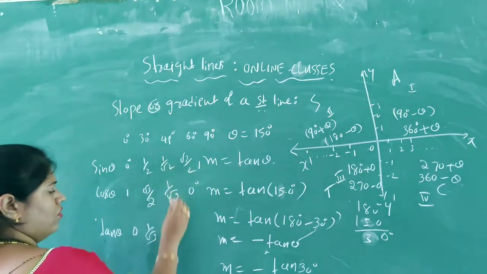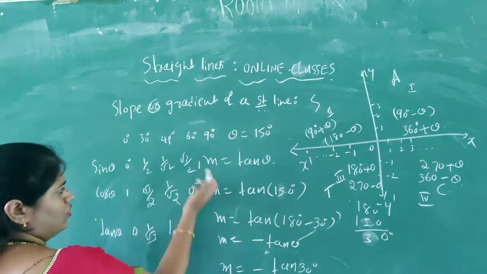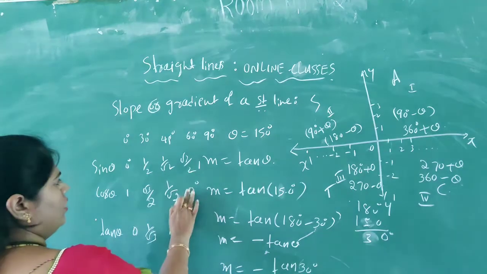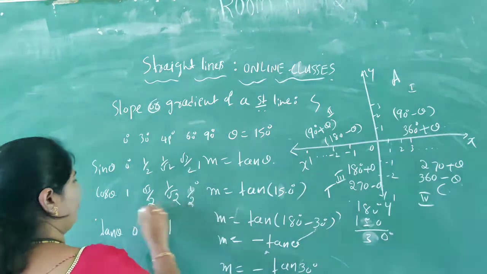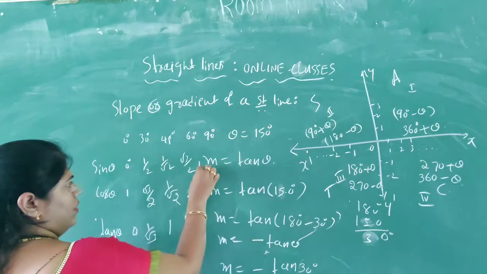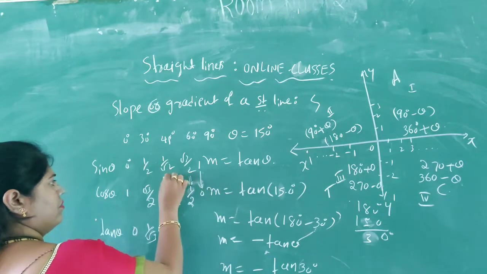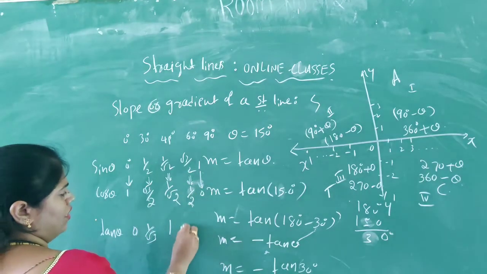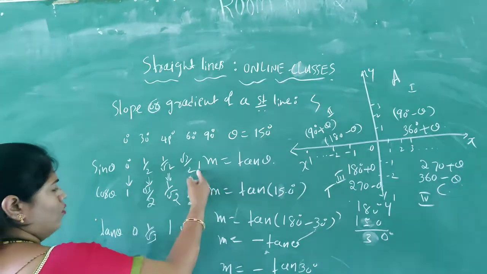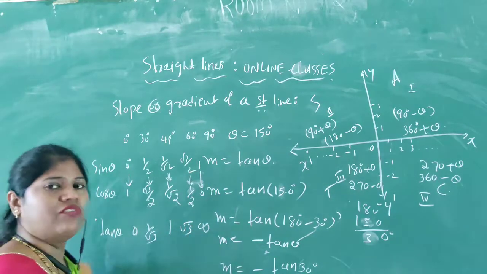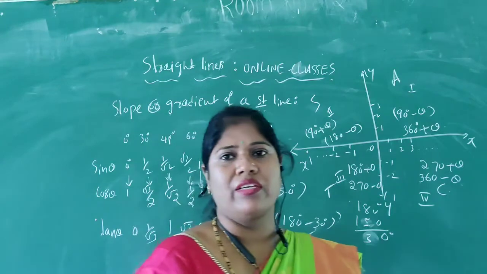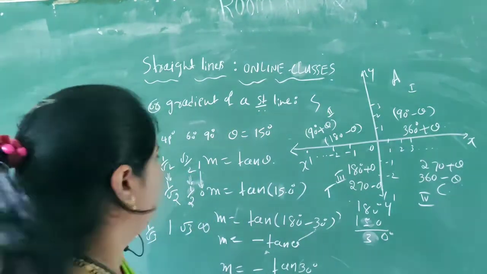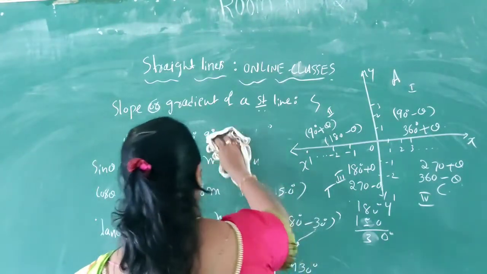Next, root 3 by 2 divided by 1 by 2, the 2s cancel and you get root 3. And 1 by 0 is infinity, which is not defined, it does not exist. These are the values we should know, then only we can solve the problems.